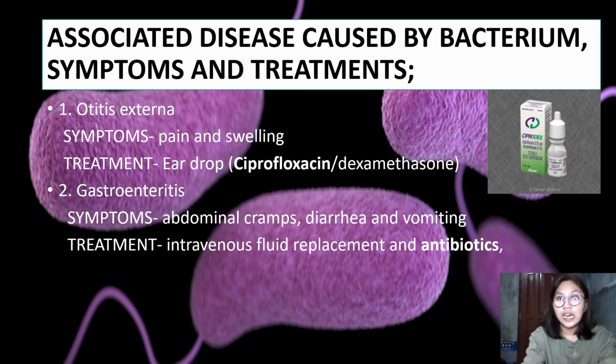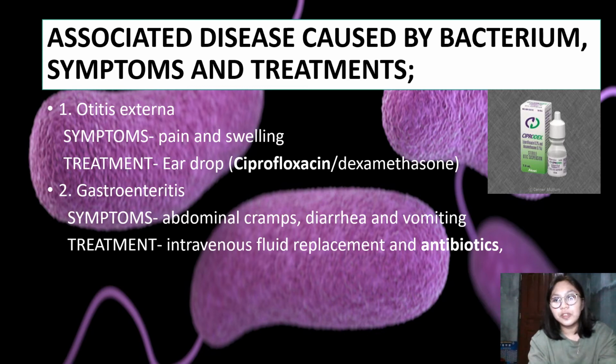Otitis externa is also referred to as swimmer's ear because repeated exposure to water can make the ear canal vulnerable to inflammation. So if you are a swimmer, you are prone to this illness.